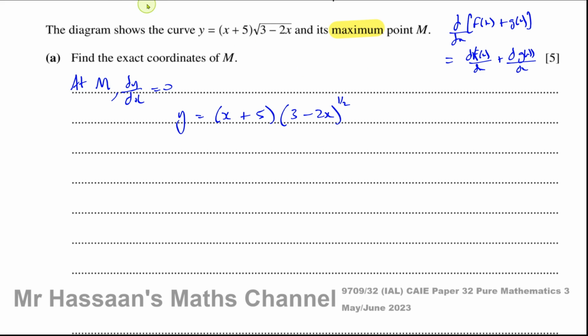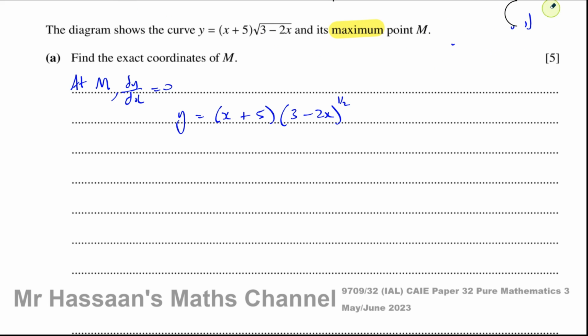But when I have a product or a quotient, that doesn't work. I cannot just differentiate them separately and then multiply those two differentials together. It doesn't work if it's a product.